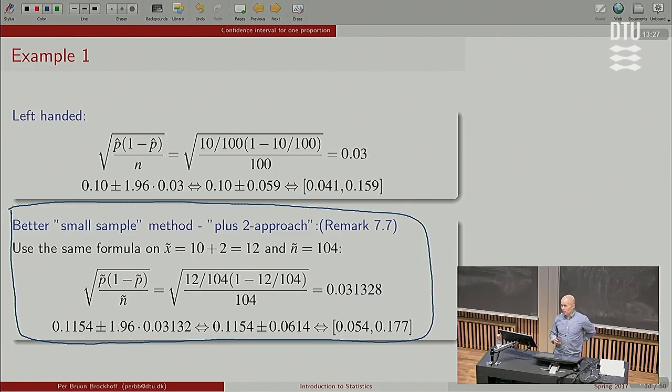But then we have a better formula that works basically for any size of x and n. It looks really spooky or questionable. If you take the rule, what should you do? I have a problem with the sample size. Hey, I just add 4. It's too small, so I add 4, and I'm okay. Of course, that sounds ridiculous when I say it like that.